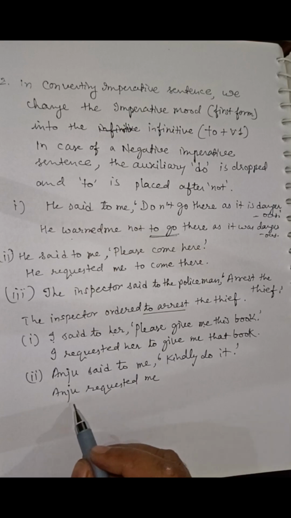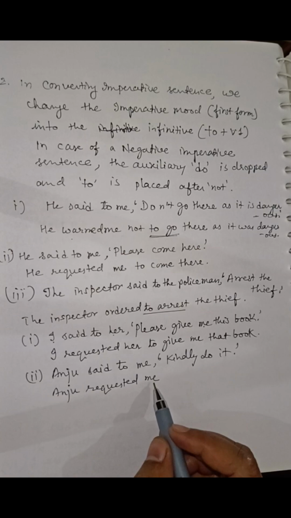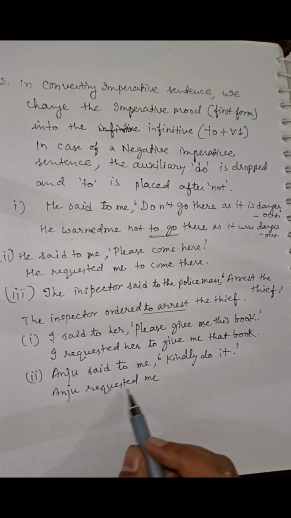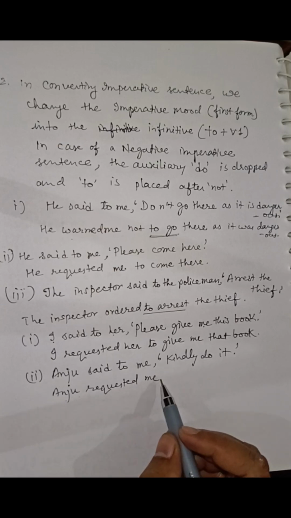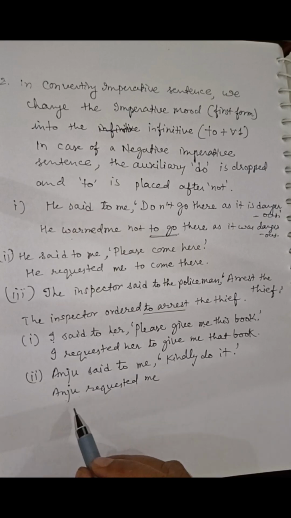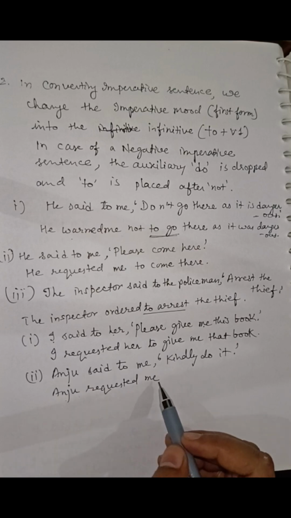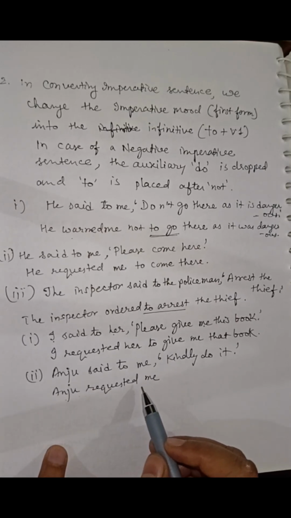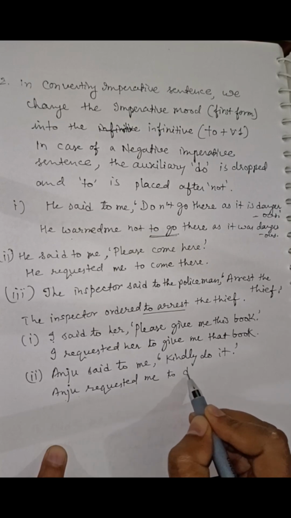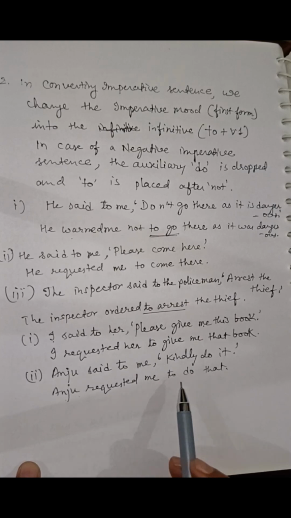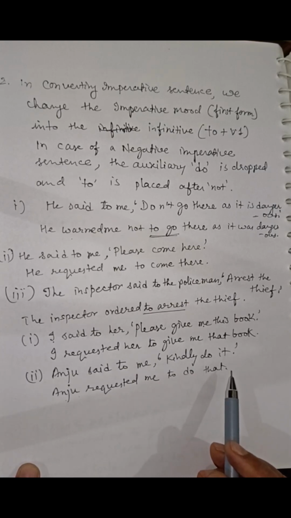But in active voice, we are not supposed to write to after requested. Okay. I am talking about the reporting verb case only. We have to write Anju requested me. It would be wrong to write Anju requested to me. So, children, avoid writing to after requested. Okay. Anju requested me to do that, and words such as please, kindly, they will not be used in the indirect speech.